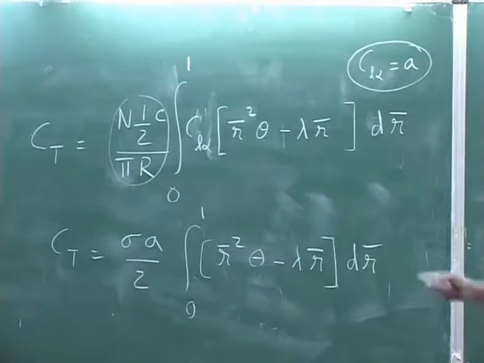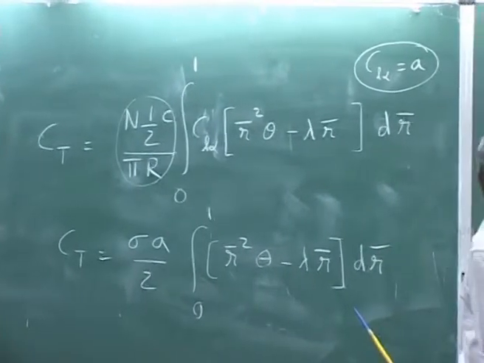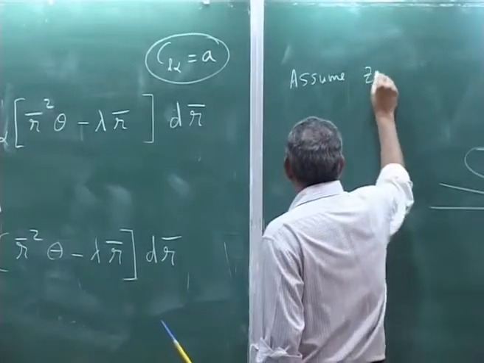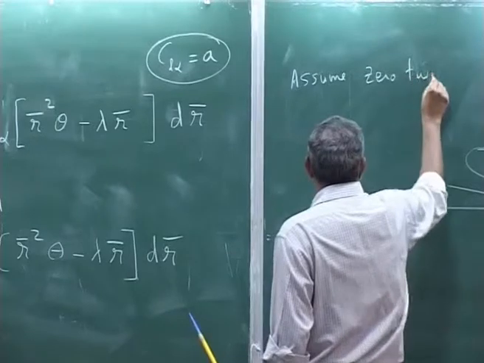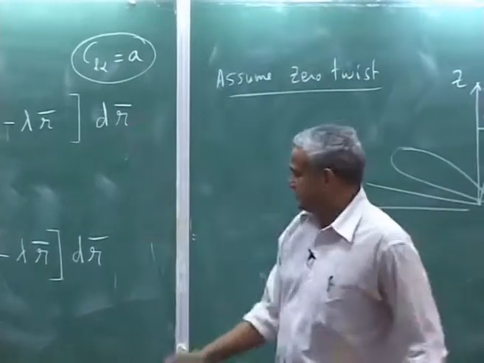If you integrate, it is very simple. Assume zero twist, theta is a constant everywhere. This is very simple.